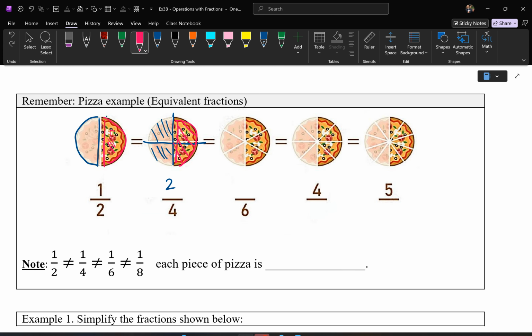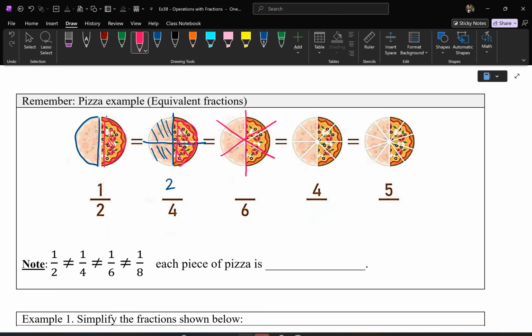The only difference between the two is how many cuts you made. So here you got two pieces, but that's a lot bigger piece. Here you got four pieces, but it's a lot smaller than the first one. Then you go to the third one. I'm now cutting into six. So what I did was I cut down, cut diagonally, and then diagonally. Now I get 1, 2, 3, and then 1, 2, 3.